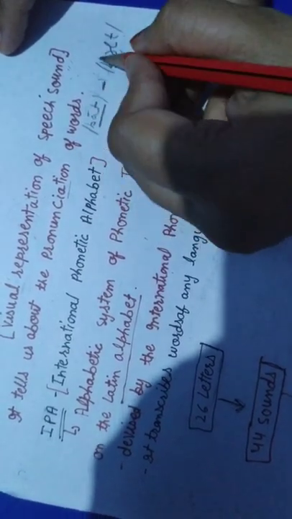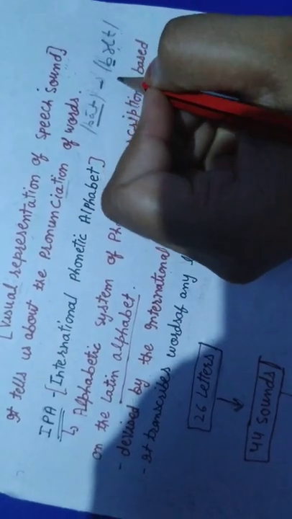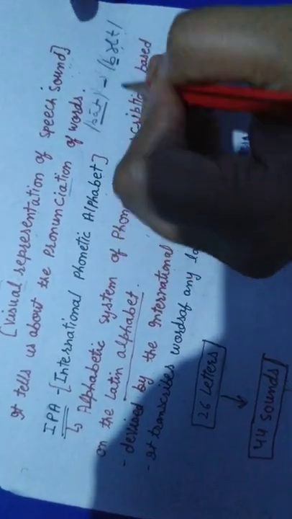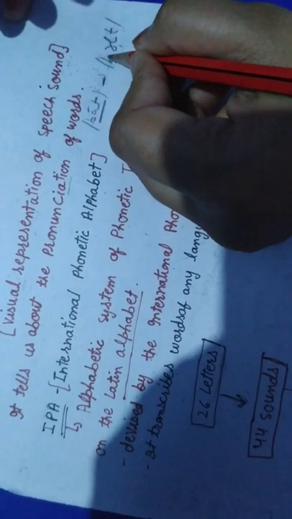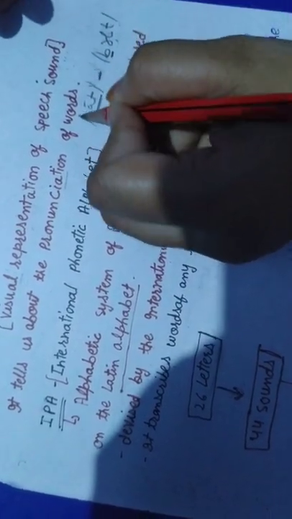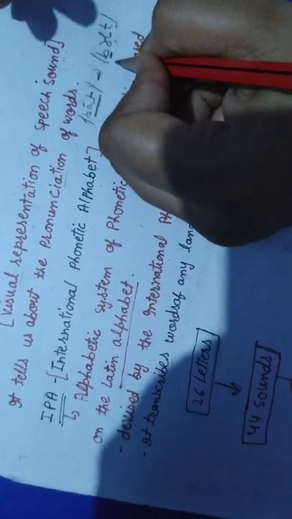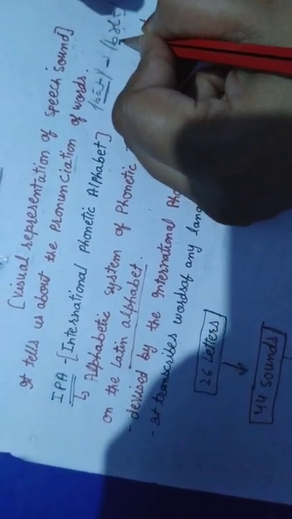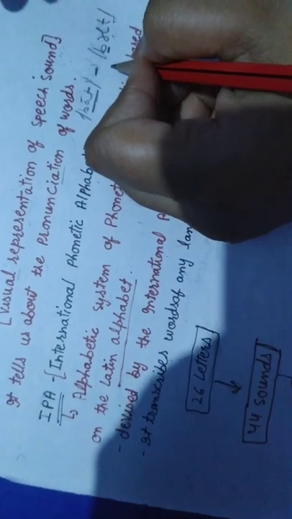We don't see with our naked eyes, but when we use a symbol for words, then we can see how we pronounce and how the words go on.